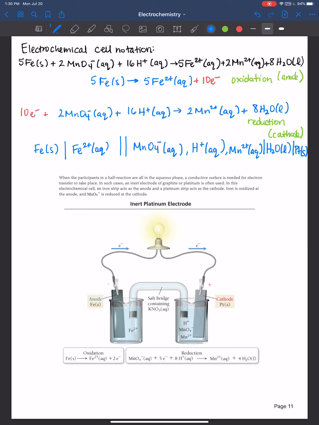All right, so what we have here is on the left side of the double line, we have the anode, whatever is being oxidized. On the right side of the double line, we have what's occurring at the cathode. That double line represents the salt bridge.